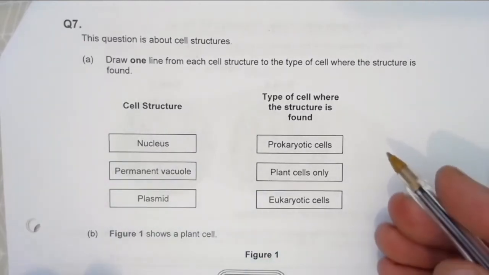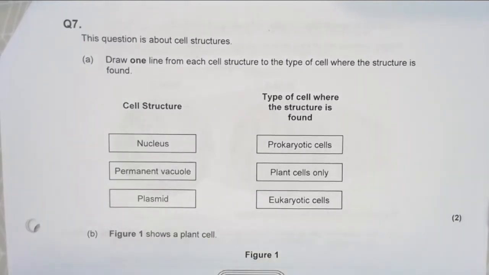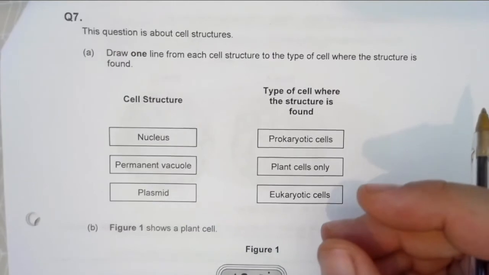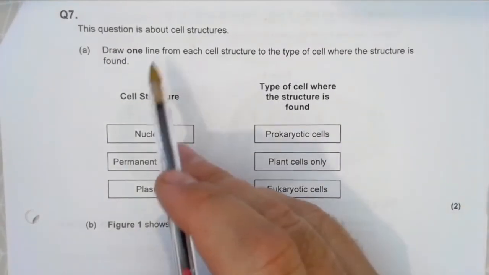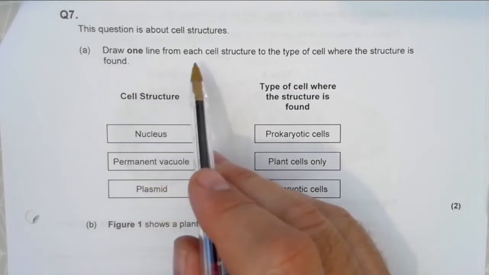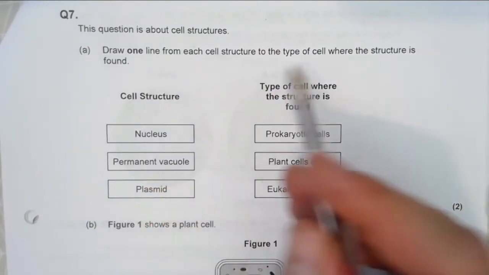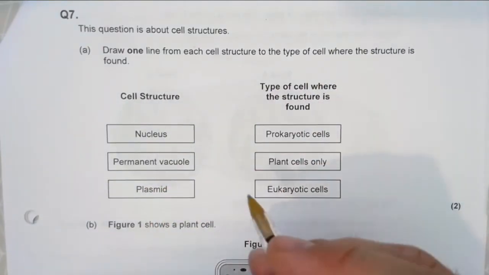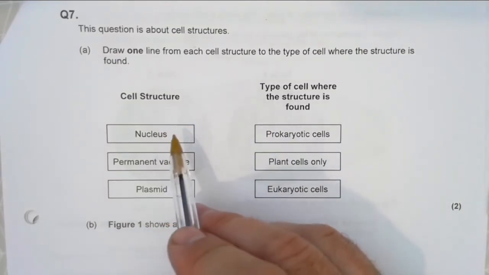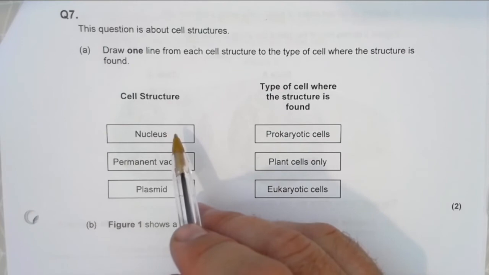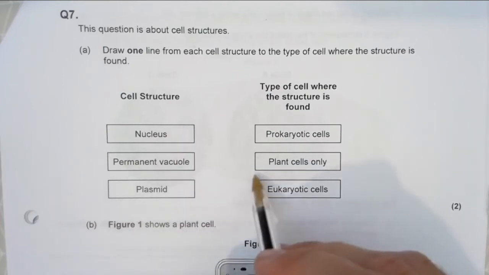And the last question, question 7, focuses on the microscopy experiment and cell structures, no pun intended. So over here we've got to start off by drawing one line from each cell to the type of cell where the structure is found. So nucleus, that's only found in animal, plants and fungi cells. So those are eukaryotic cells.